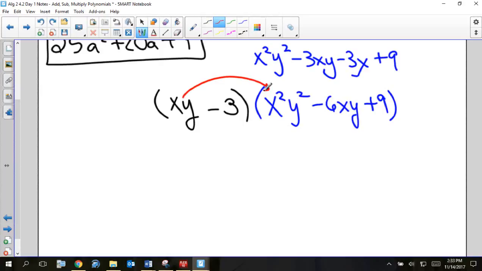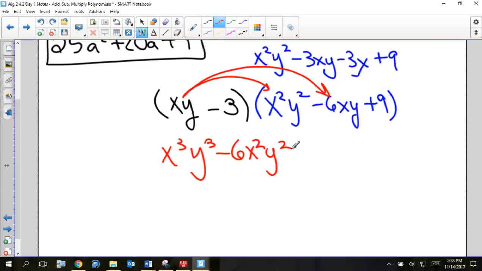So when I multiply xy by x squared y squared, that ups the exponents for the x's and the y's. I get x cubed y cubed. Then I take xy times minus 6xy and I get minus 6x squared y squared. And then xy times 9 just gives me 9xy.